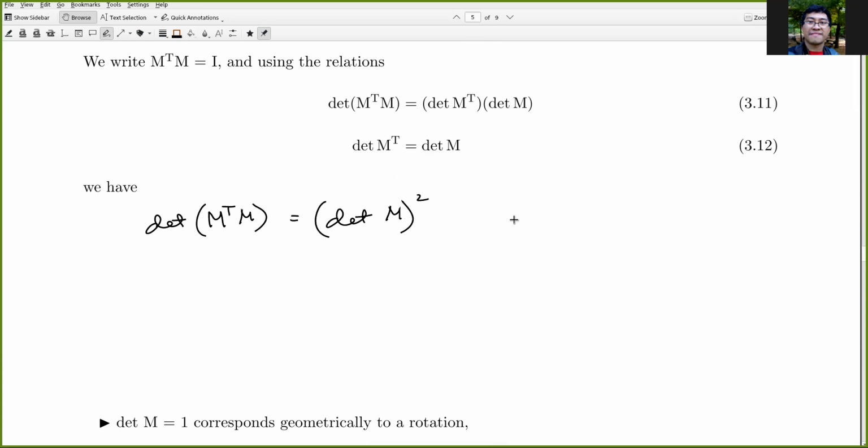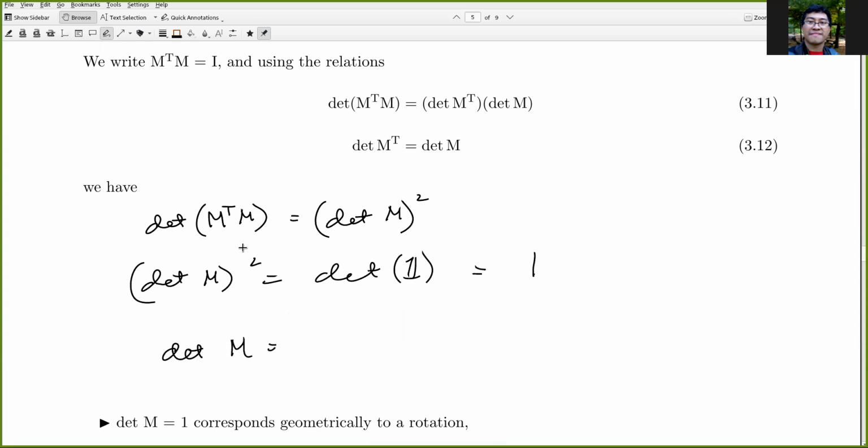So determinant of M squared equals determinant of M transpose M, which is just the identity matrix. I wrote here as 1. And the determinant of the identity matrix is 1. So for the determinant of M, we take the square root. The solution is plus and minus the square root of this, so that's plus and minus 1.